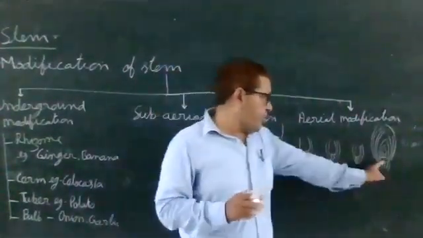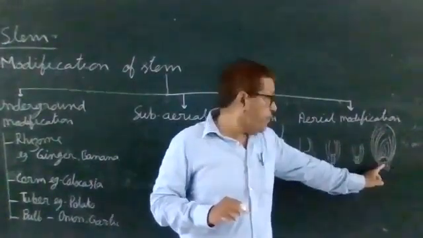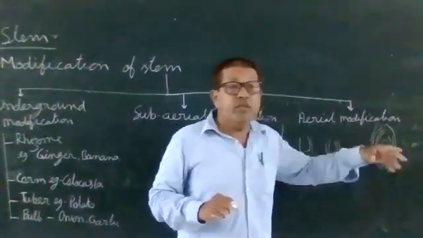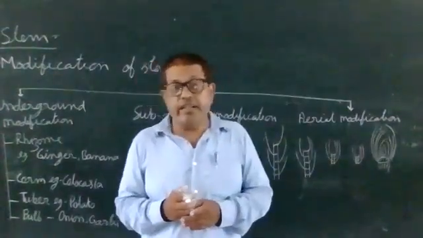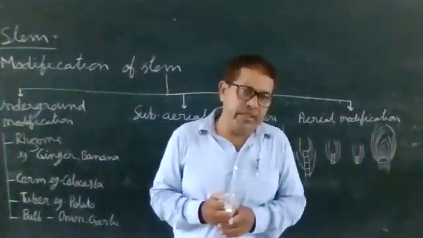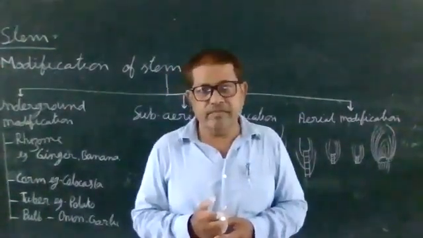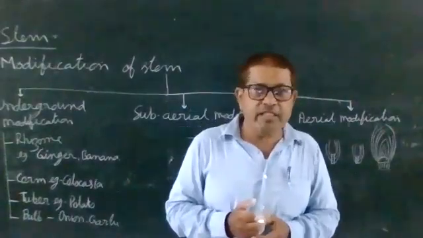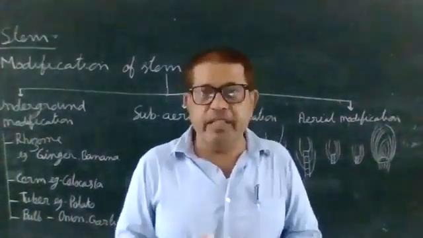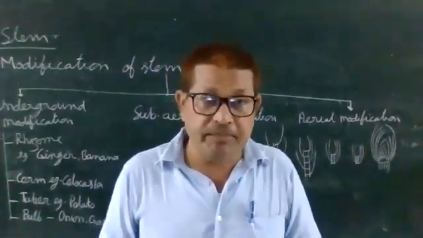So you know that in this system, the white color structure is stem, and from stem roots arise. You know what is the edible part of onion? What do you eat in the onion? Anybody know? Edible part of the onion?